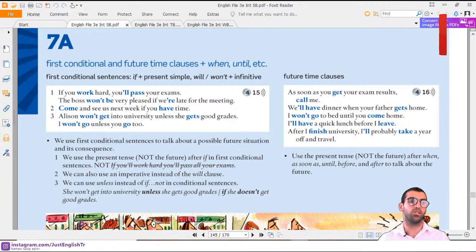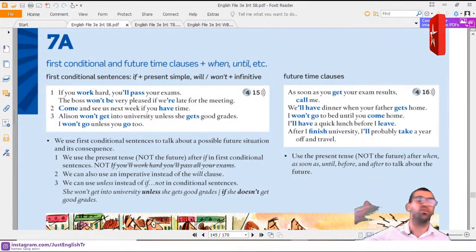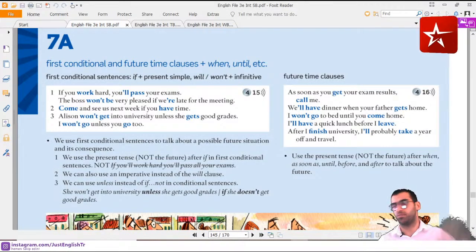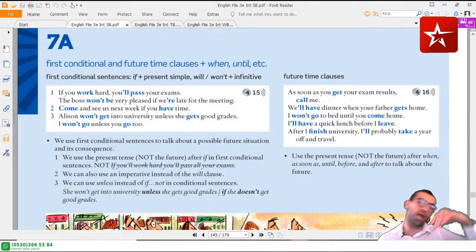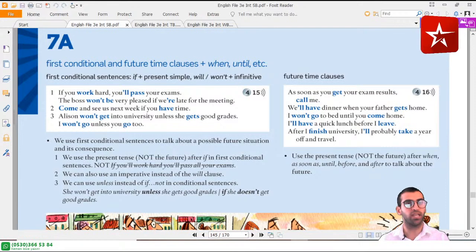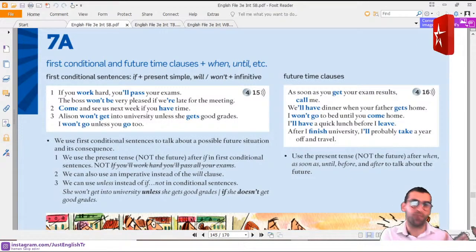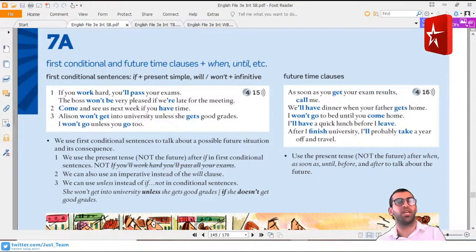First conditional sentences. We use first conditional sentences to talk about possible future situations and their consequences, like results. For example, if you do something right now, what is going to happen in the future? In English, for conditional sentences, we have 2 clauses: an if clause and a main clause.